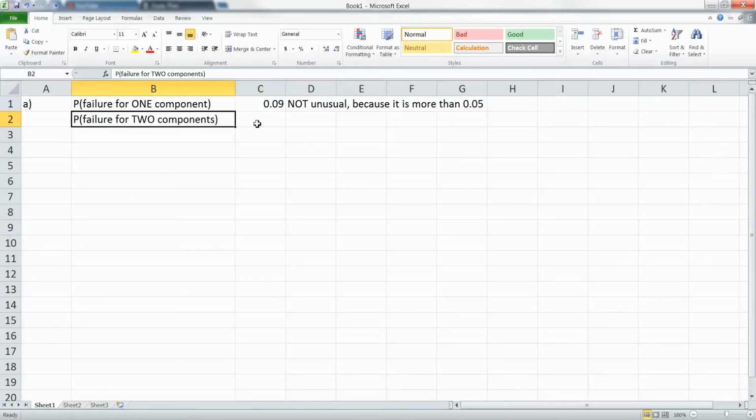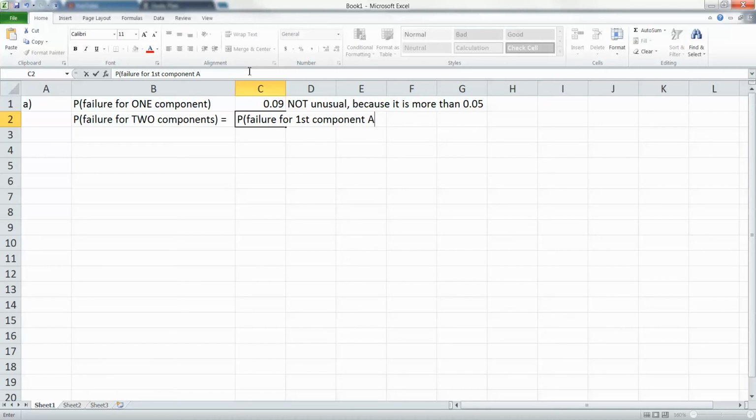So let me write that out for you guys. This would be equal to the probability of failure for the first component and failure for the second component. Well, that's equal to 0.09 squared.